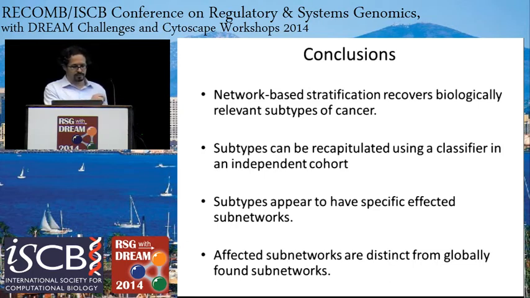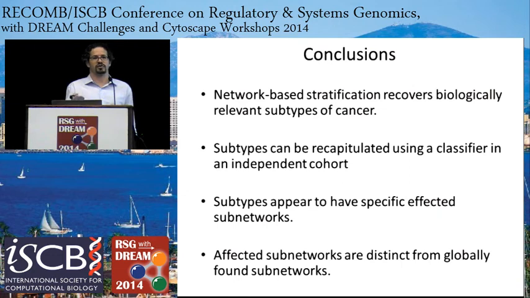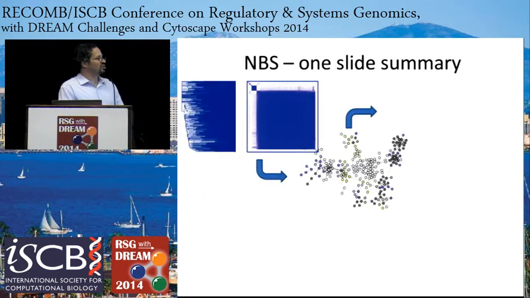One thing I don't have time to show exactly is that these affected subnetworks are actually distinct from the global subnetworks that are found for these types. If you were to do this network-based analysis on the entire cohort, you get completely different results, which is quite sensible if we believe the hypothesis that these are in fact distinct cancers just occurring in the same tissue.